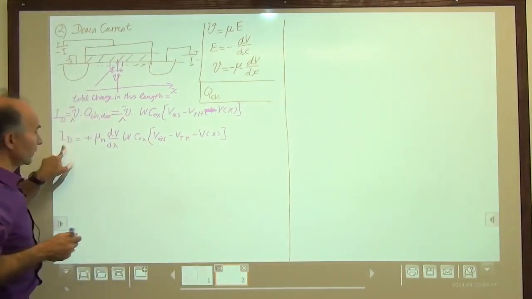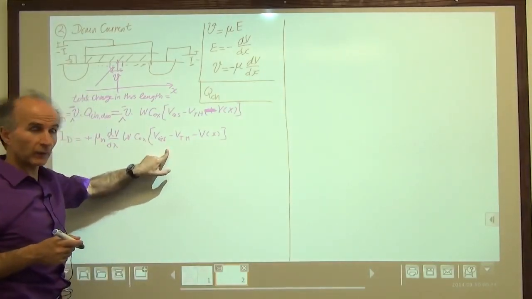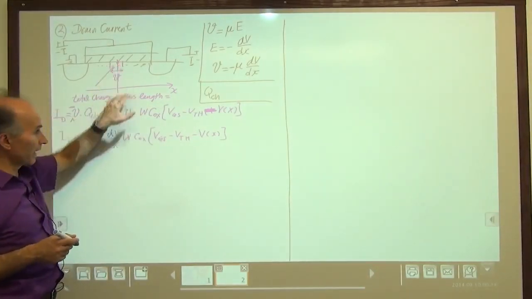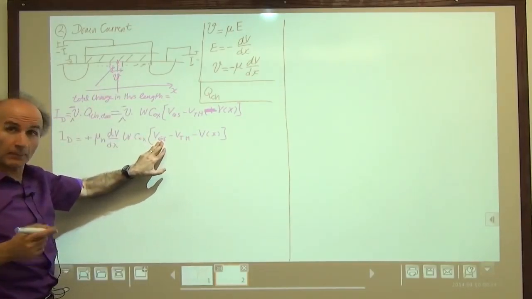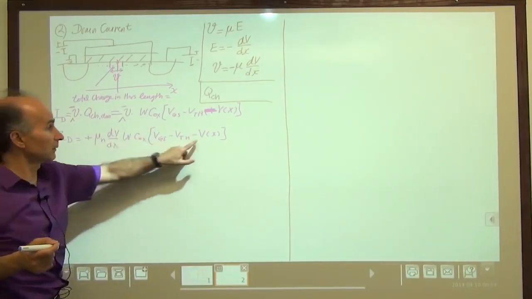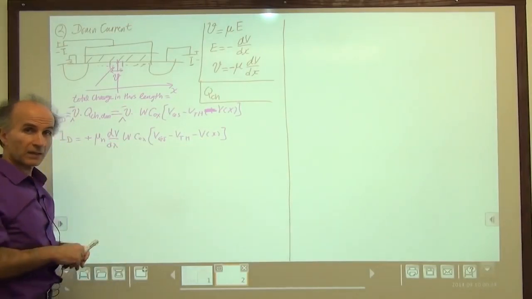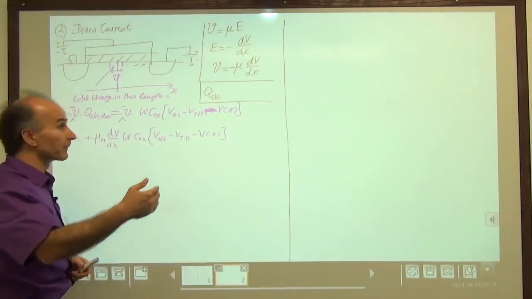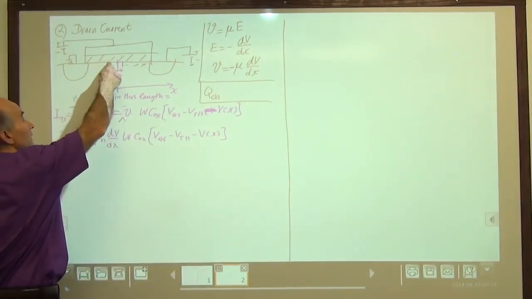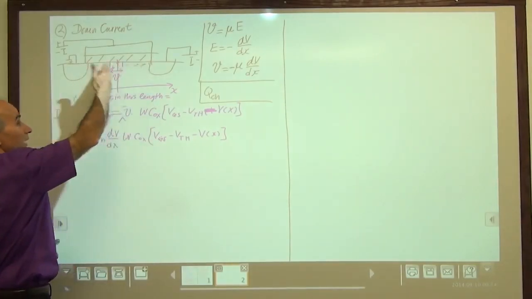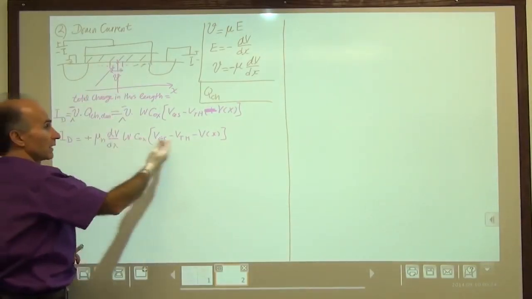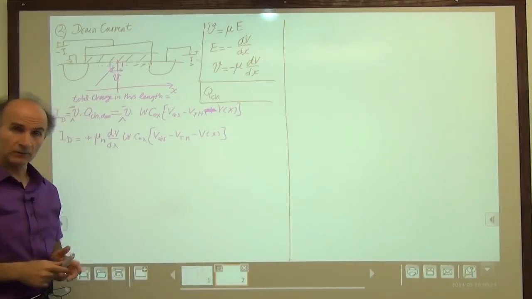All right, so this is the equation for the drain current that flows through this device when we have a certain gate source voltage. But in terms of this V, which is very strange, this V is some x-dependent V, right? It's something here, something here, something here. This is a variable value, right? V itself, and maybe its derivative too.